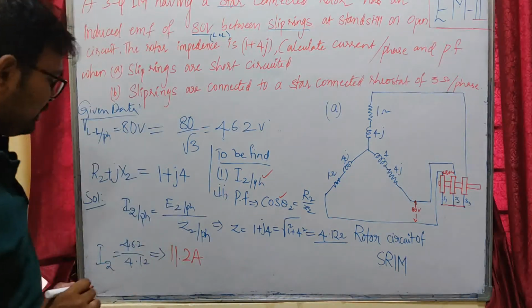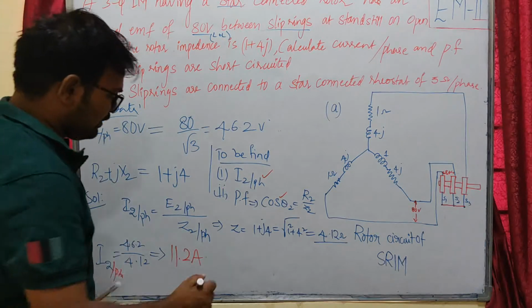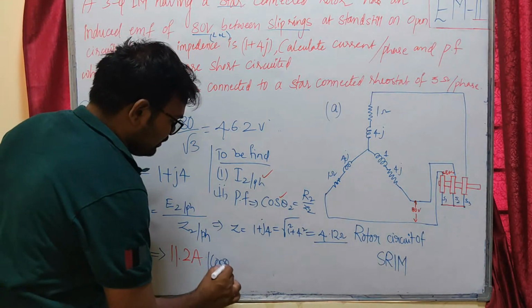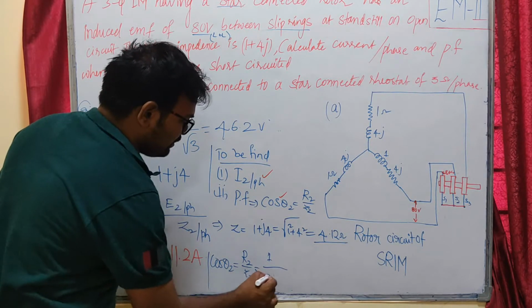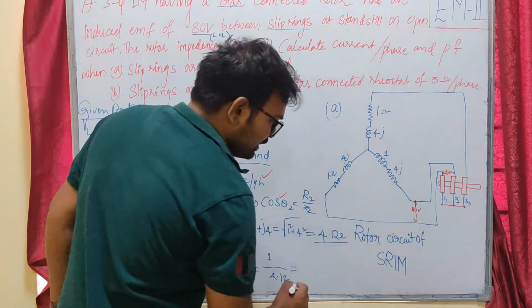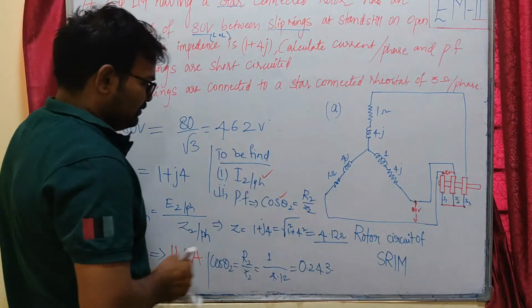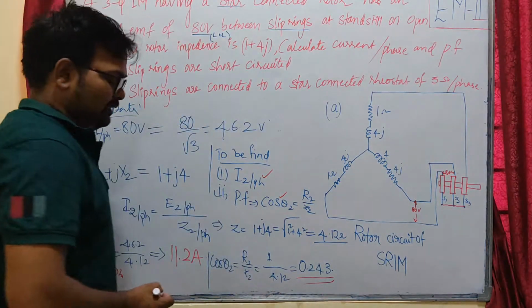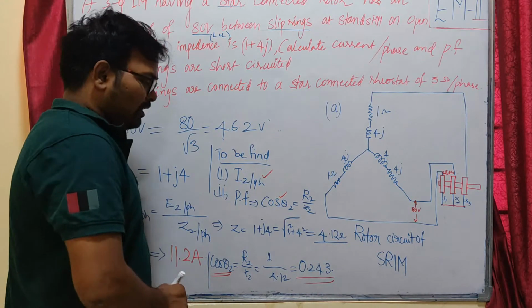This is my rotor current per phase when the slip rings are short circuited. My rotor power factor cos theta 2 can be written as R2 by Z2. Substituting R2 as 1 and Z2 as 4.12, the power factor will be 0.243. This is under starting or standstill condition. That means the power factor under starting condition is very low for an induction machine.